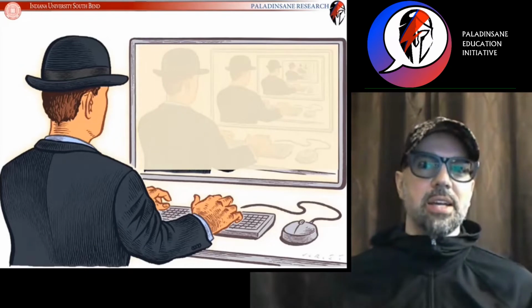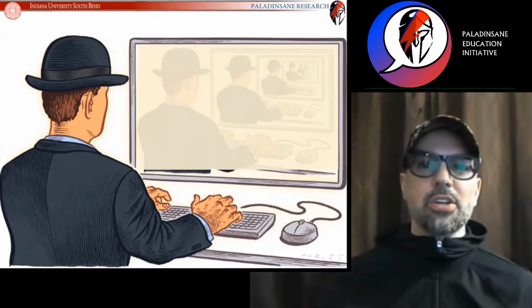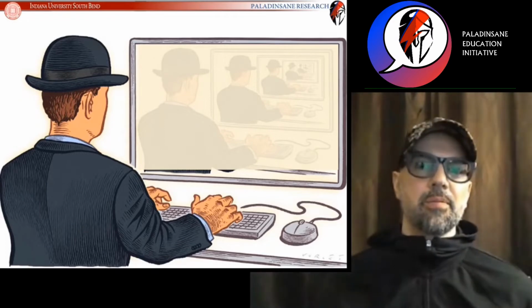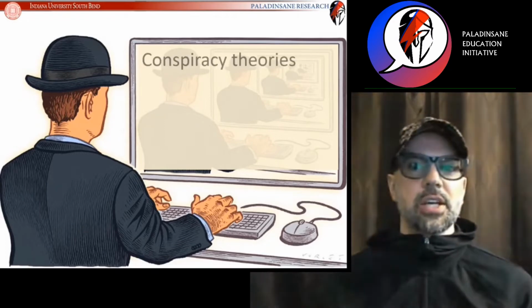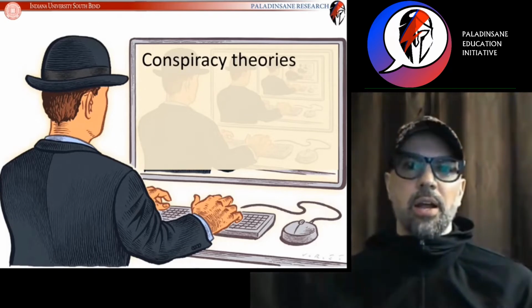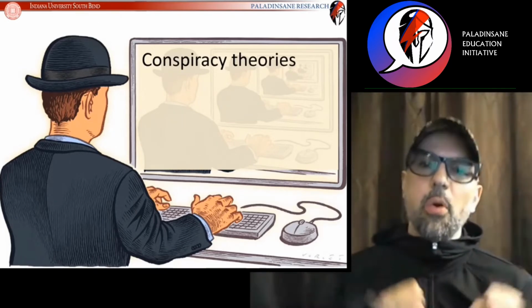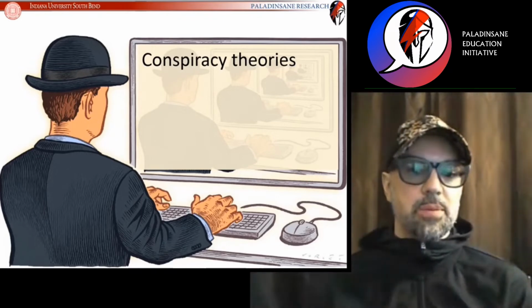And that has led to a large increase in phenomena that are supported by confirmation bias, such as conspiracy theories, which are supported by only taking a look at a portion of the information that is being presented.